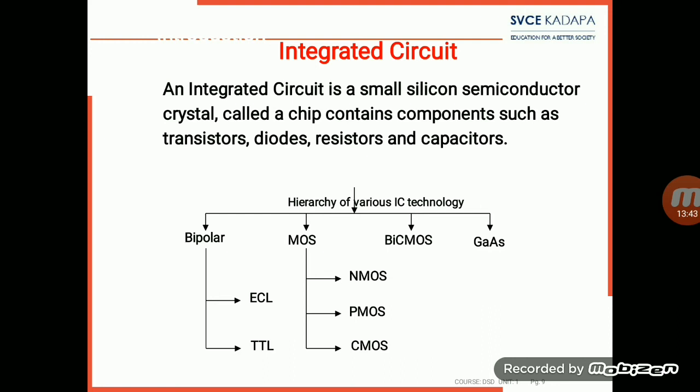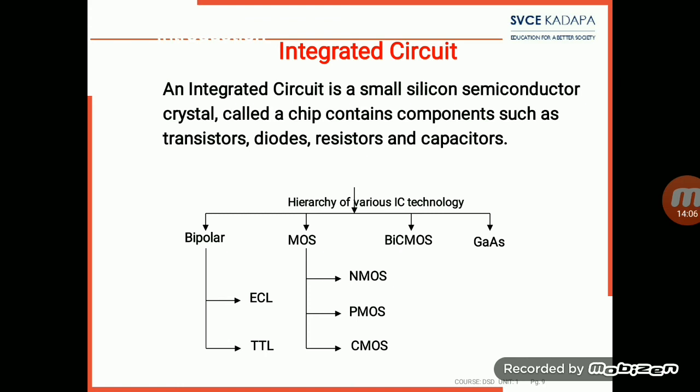We can add the advantages of bipolar and CMOS. BiCMOS is used for transferring data from one place to another place. CMOS is used for logic design. Bipolar technology is used to design the drivers.